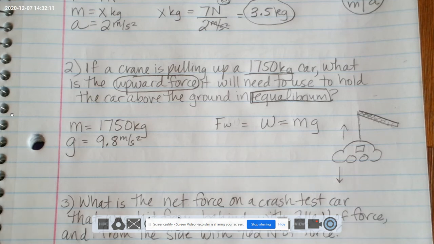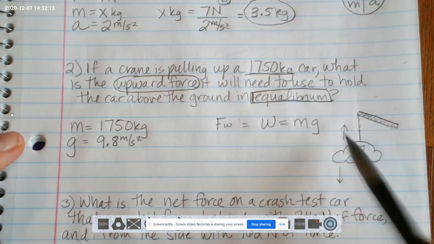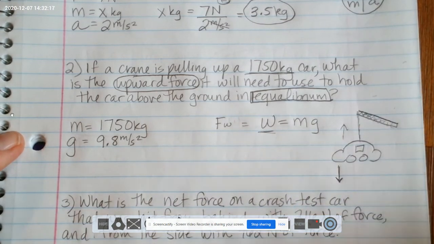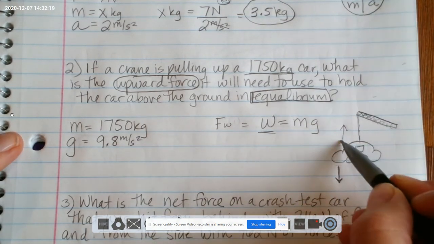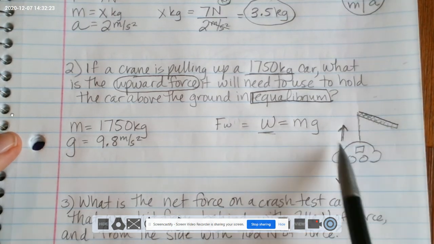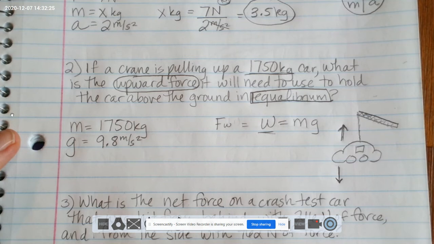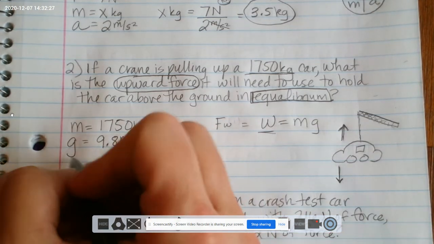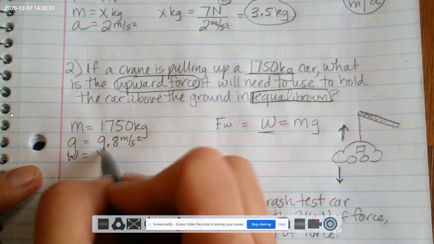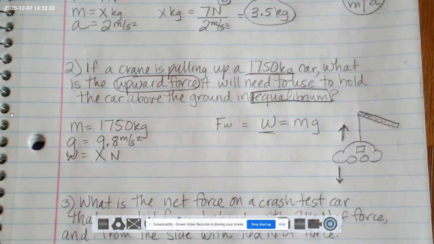Okay, so now that we know that we need the force weight pulling downward of the car, if we can get the weight of the car, we can safely say that we'll have to balance that out with the upward force of the crane pulling upward. So we have our two variables of mass and gravity, and that's going to give us our weight in newtons, because remember, it is a force.